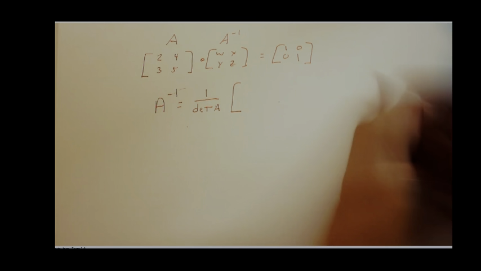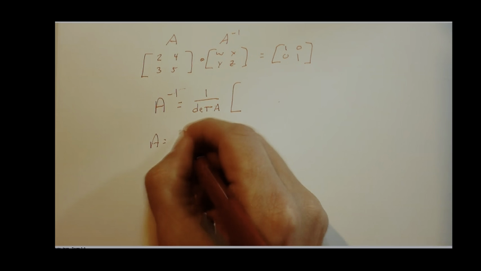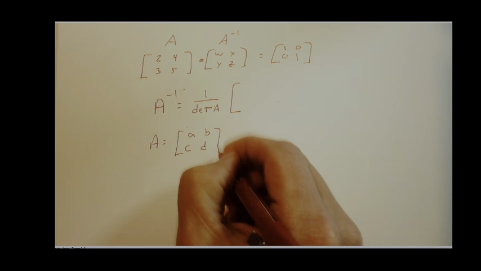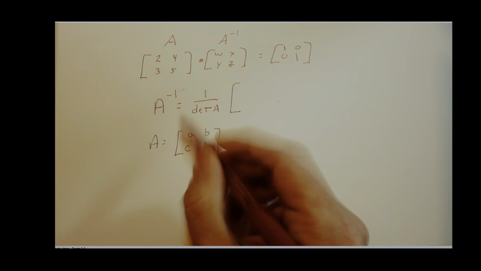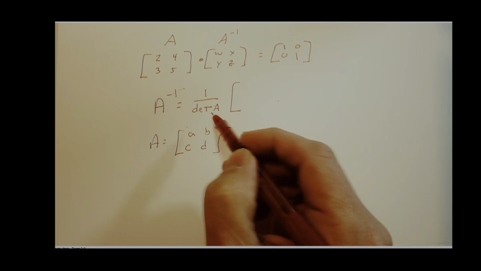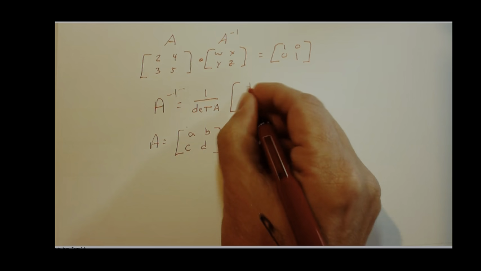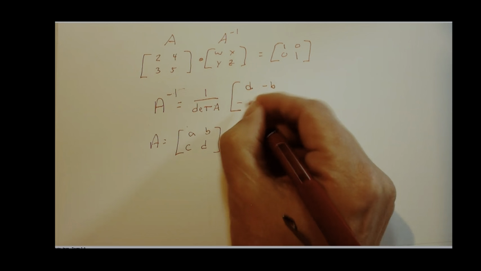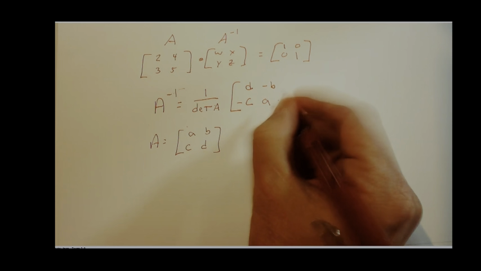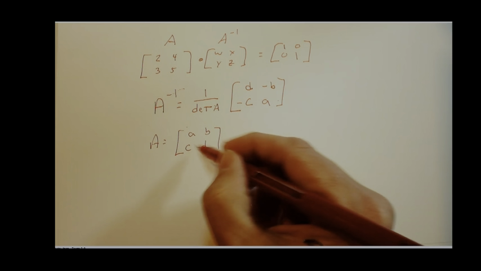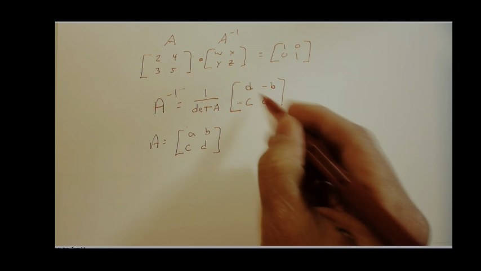Let's say that we had the matrix A, B, C, and D. The inverse to that matrix is going to be 1 over the determinant times D goes here, negative B, negative C, and A. So from our original matrix, the A and the D are going to switch spots when we find the inverse.